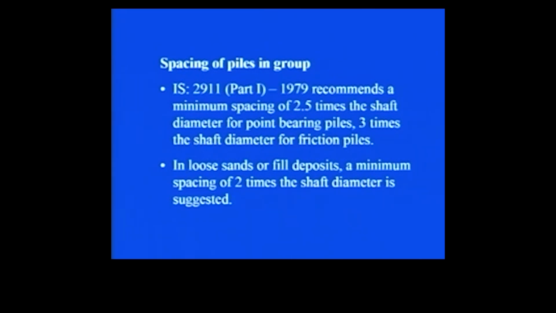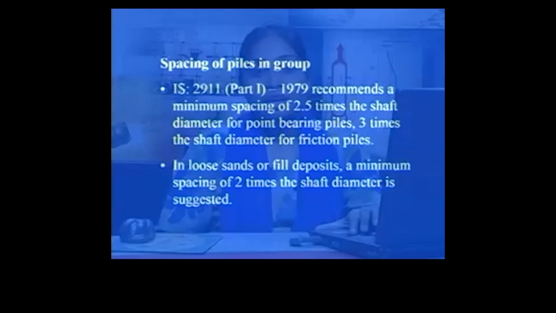Let us say at one particular site the spacing works out to be 2.5 times the diameter of the shaft, then at another site it can be more or less than 2.5 times. There you have to use your engineering judgment and find out the suitable spacing of the piles in the pile group.